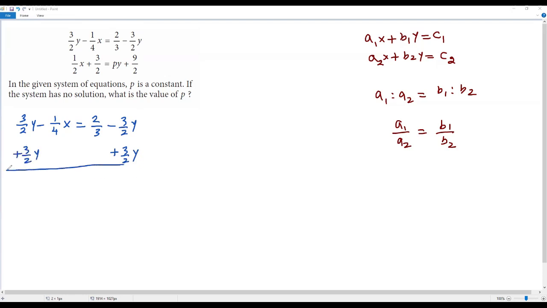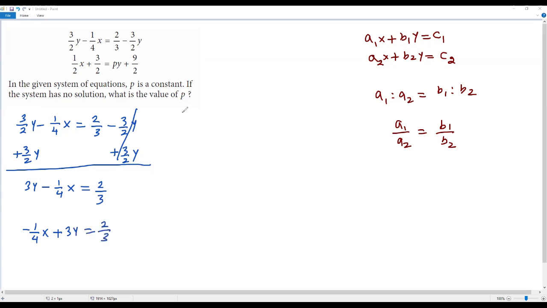When I add 3/2 y and 3/2 y, I'm getting just 3y, −1/4 x. On the right side, the −3/2 y and +3/2 y cancel, and I'm just getting 2/3. Let me write the x term first. Then I'm getting −1/4 x + 3y = 2/3. Now I have the first equation in standard form.